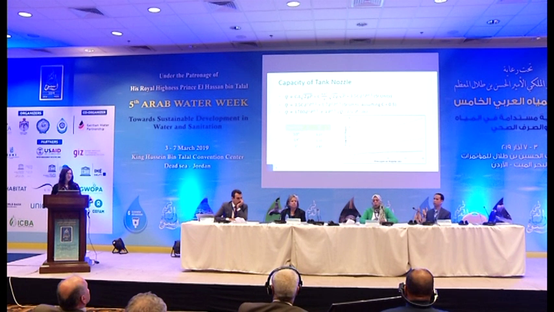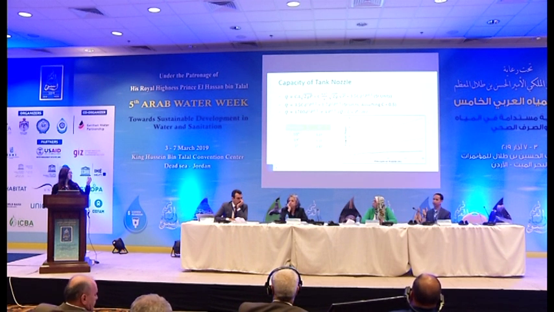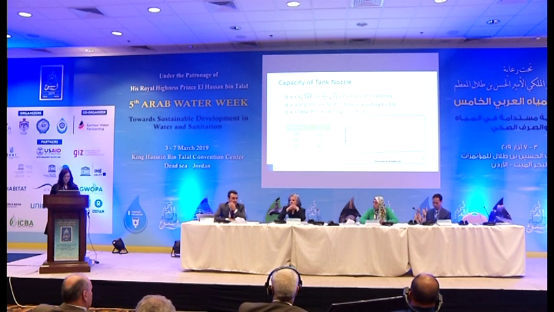So it's basically an exponential function. The demand that each customer can achieve is related to the pressure and to the nozzle size. So for different nozzle sizes at the customer connection points, we have different K values.